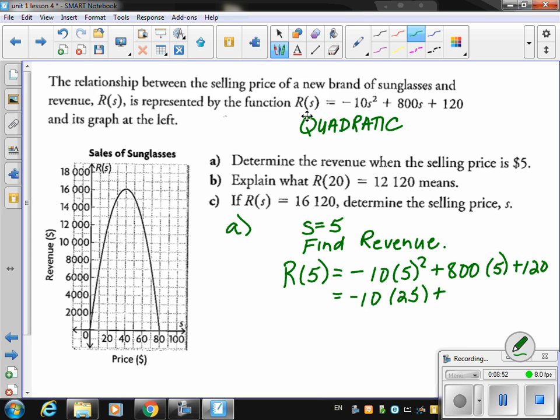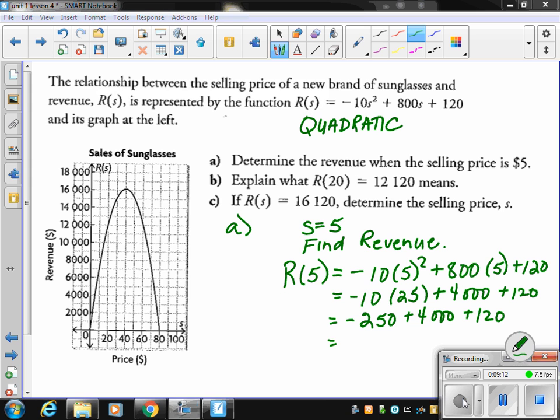Have your calculators ready. Plus 4,000 plus 120. Negative 250 plus 4,000 plus 120. Final answer, 3,870 is the revenue when s is 5.